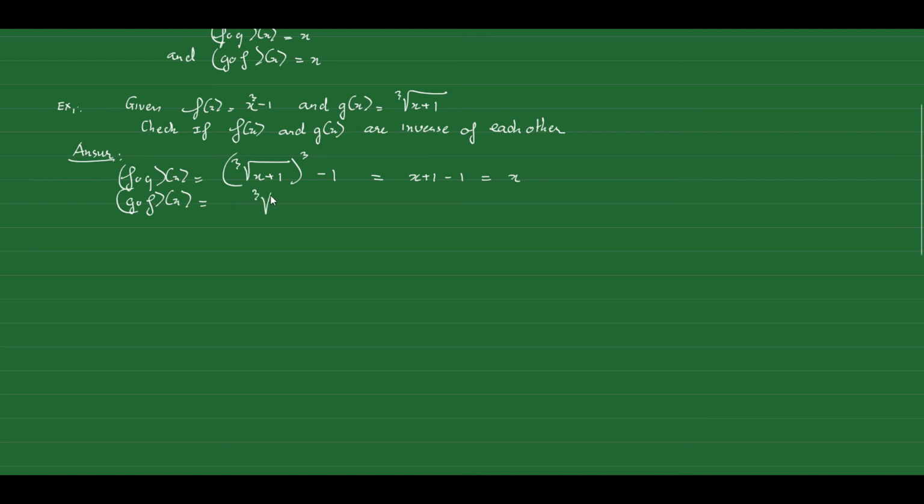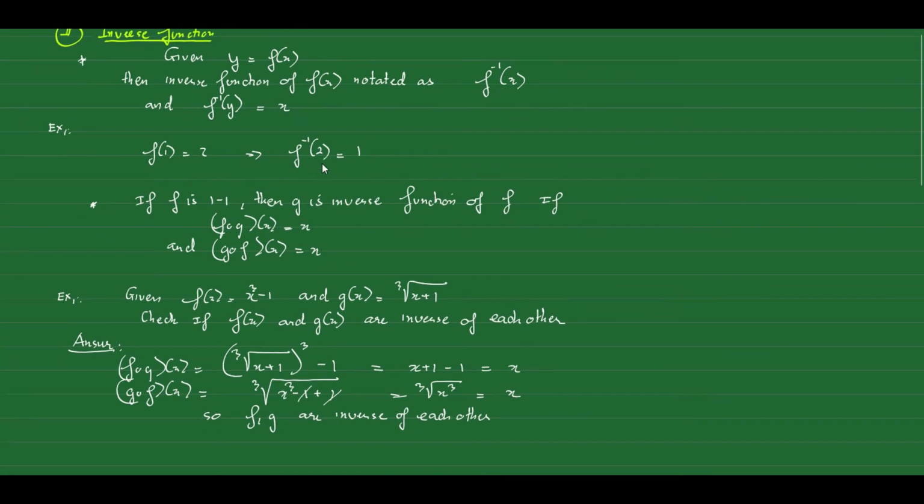So I have cube root, and I put the whole function in there: x cubed minus 1 plus 1 cancel. I have cube root of x raised to the third, which is x. So this turned out to be x, and we can conclude that f and g are inverses of each other.